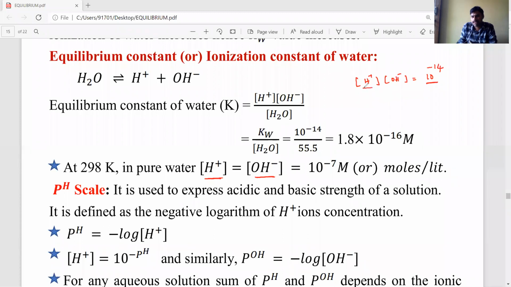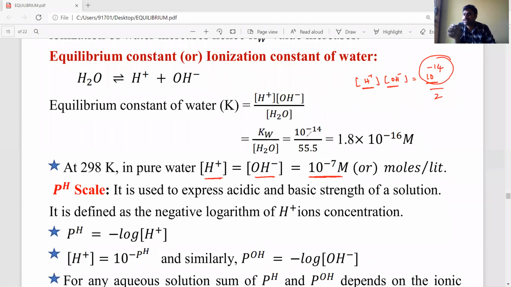Since both concentrations are equal, each is the square root of 10 to the power of minus 14, which is 10 to the power of minus 7 molar. You have to remember this point, okay, students? Because for pure water, the H plus ion concentration is always equal to the OH minus ion concentration.